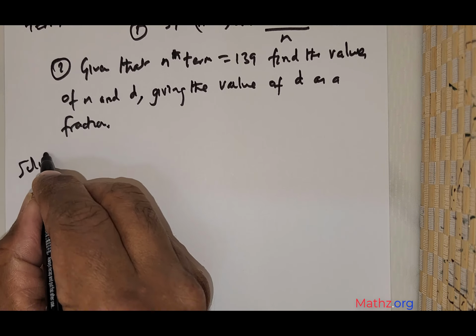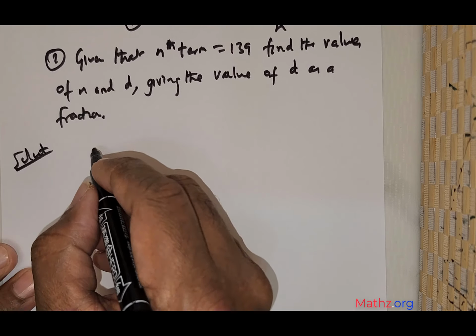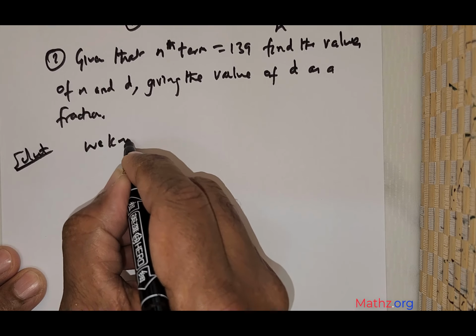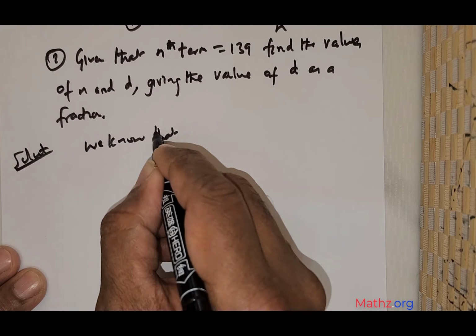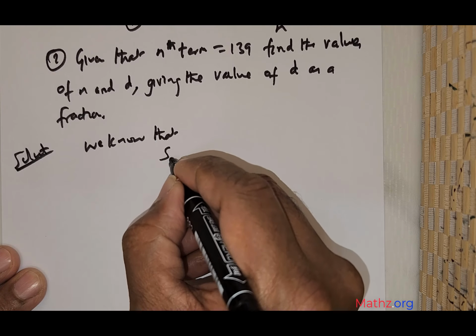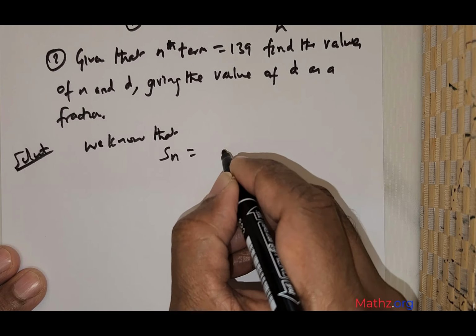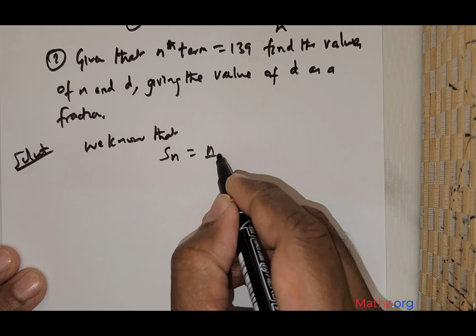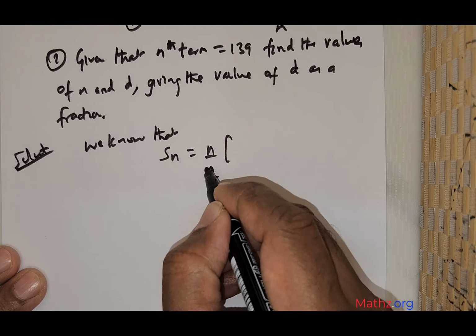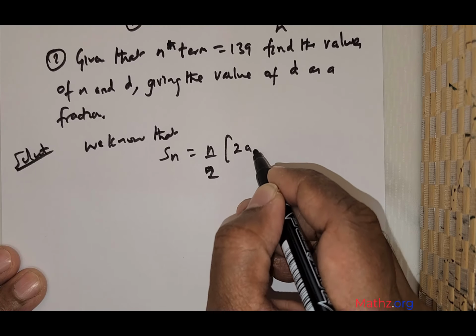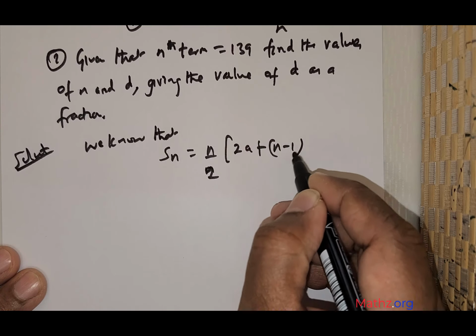Now, solution. We know the following: the sum of the AP is given as S suffix n is equal to n over 2 times (2a plus (n minus 1) into D).